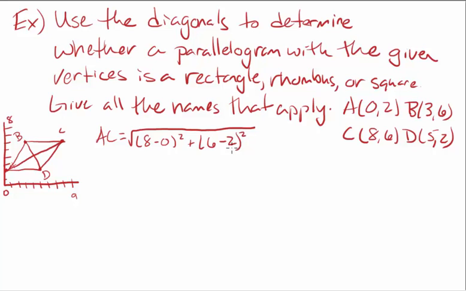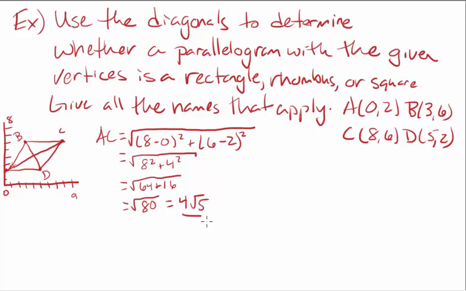This equals the square root of 8 squared plus 4 squared, which equals 64 plus 16. This simplifies to the square root of 80, which we can write as 4 square root of 5. So we have 4 square root of 5 as the distance of AC.